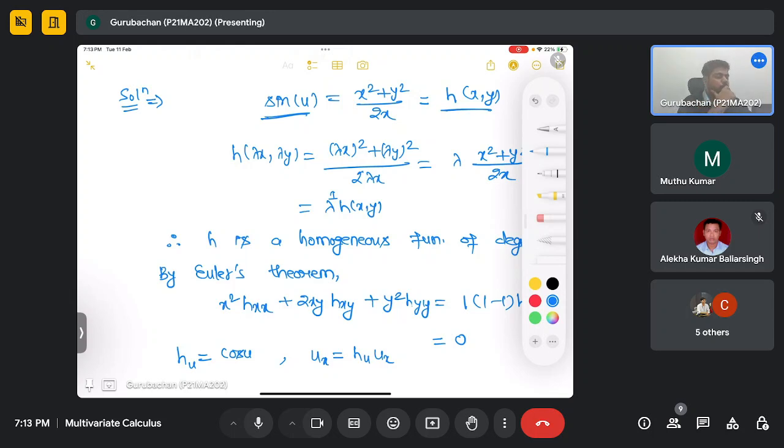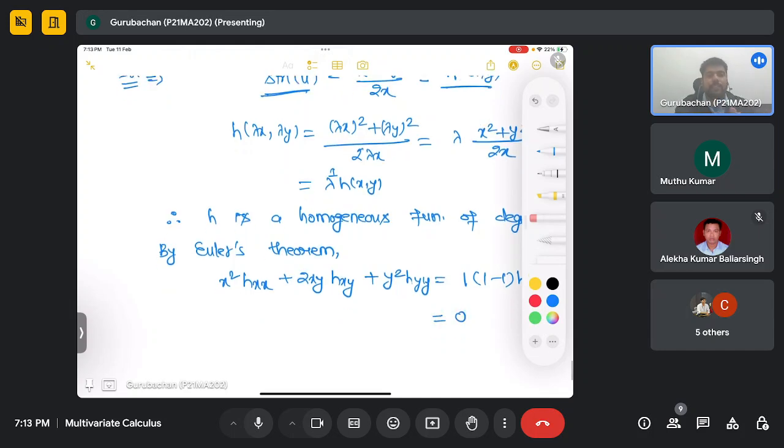Okay, so we just need to put the values of h_xx, h_xy, and h_yy in this equation in terms of u. Then you will get the value of u_xx and u_yy. So I'm leaving this part to you.